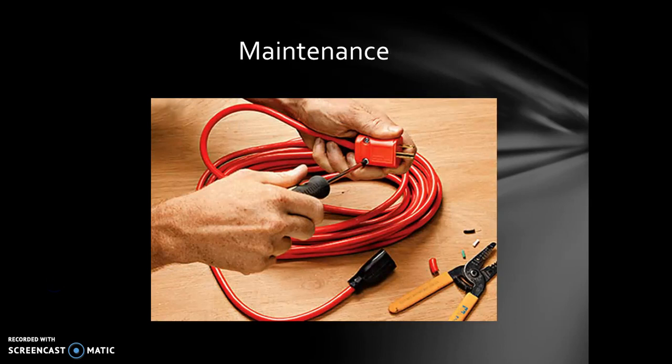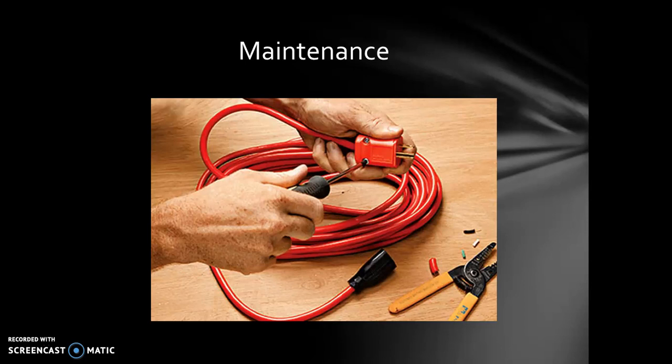A little bit about maintenance. You want to make sure not to use a cord if the outer layer is broken. If you can see the inner wires, you should not use it. Also don't use it if the third prong, the grounding prong, is missing, if there are any cracks in the outer layer, or if the head is missing.